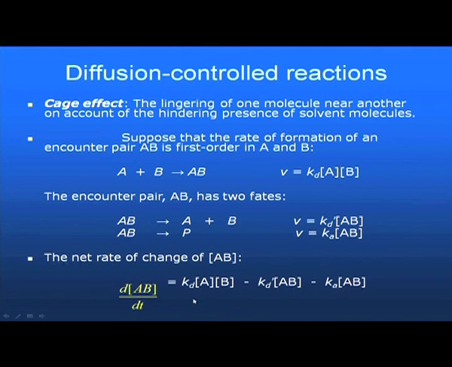This is the overall rate of change of AB, the encounter complex.